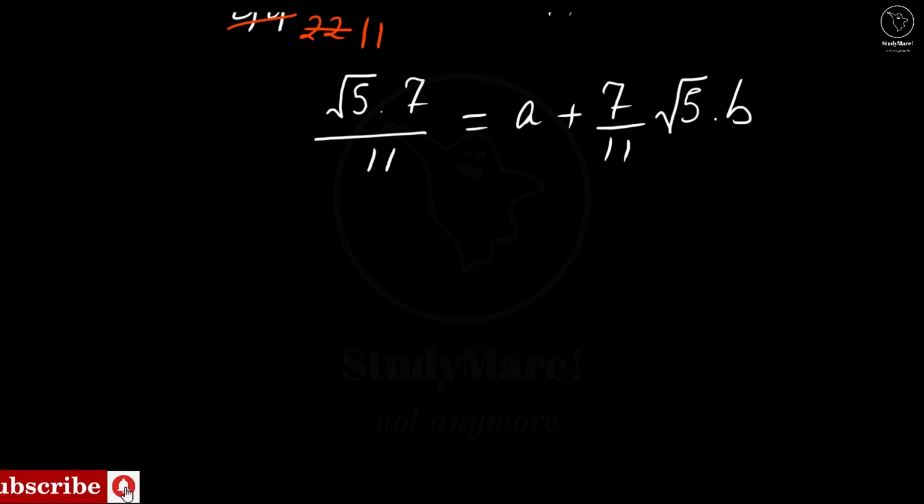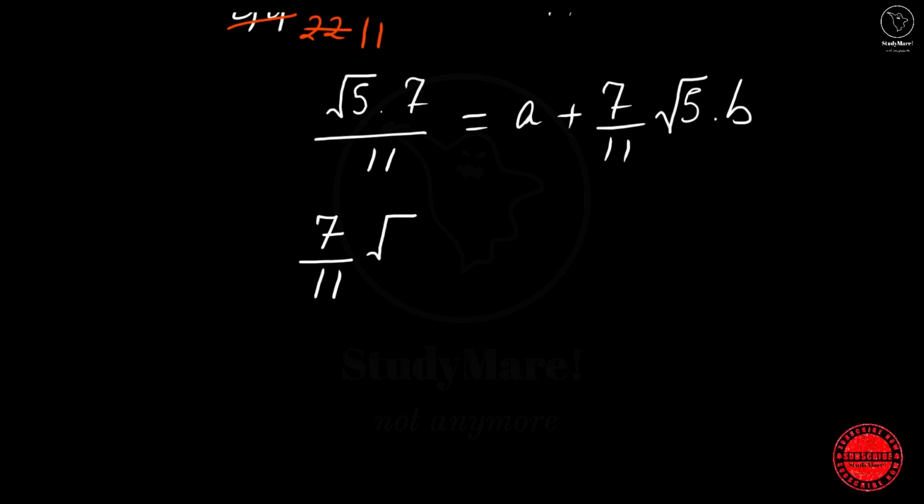Now we have to make the comparison. But if you look at LHS and RHS, both are appearing to be quite different. So let us try to make it similar. For example, this can be written as 7 by 11 root 5. This is the same. Root 5 into 7 upon 11, 7 by 11 into root 5.